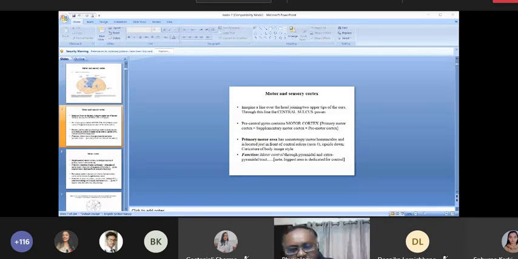And not only the pyramidal tract is affected, the extrapyramidal tract is also affected in the cerebral stroke. At that time, there will be some problems here in the extrapyramidal system. Okay, please.